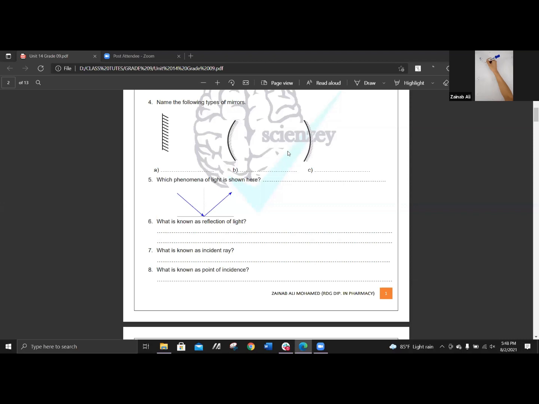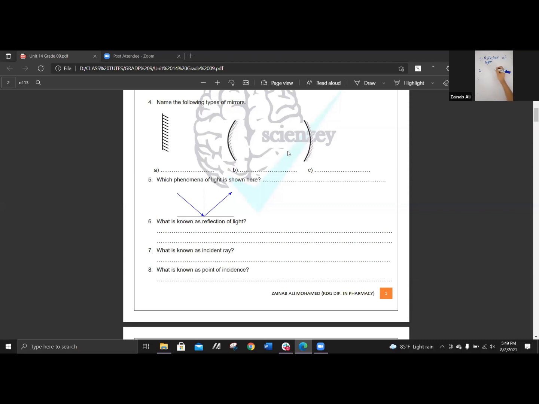The phenomenon that is shown is reflection of light. So if you have written the answer reflection of light, then your answer is correct. So mark your answers.